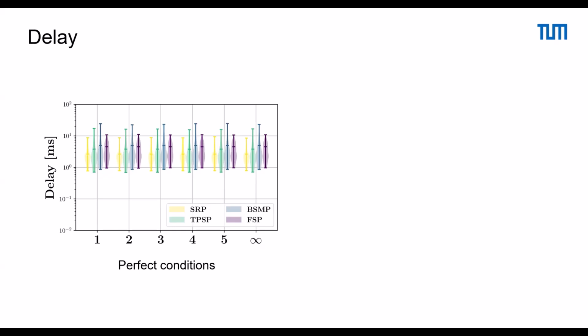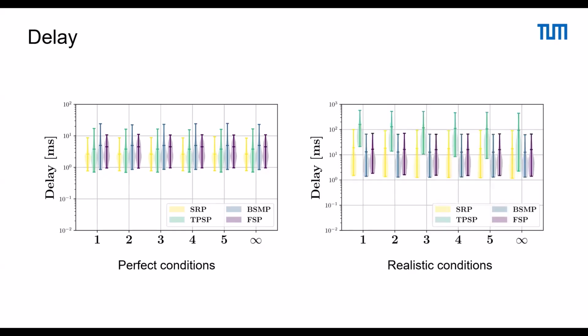And here you can see the sender receiver protocol performs quite well. The BSMP and the FSP also perform really well, whereas the two photon source doesn't perform as well, because of the overhead in the communication, so they perform quite similarly. But this changes when we introduce real hardware parameters.